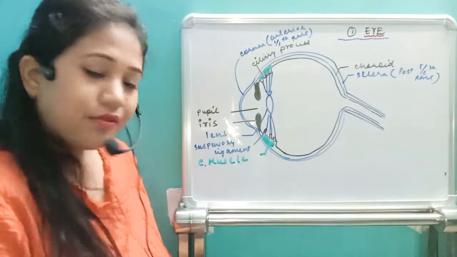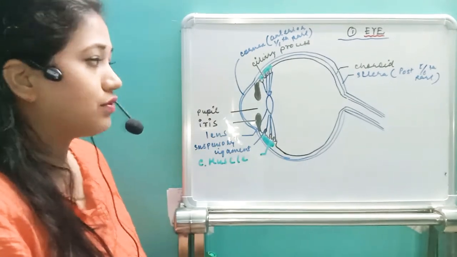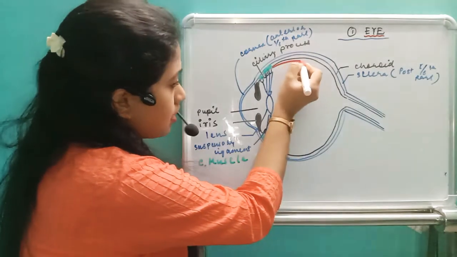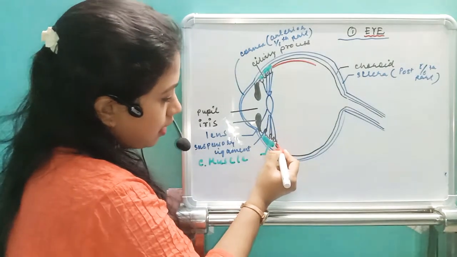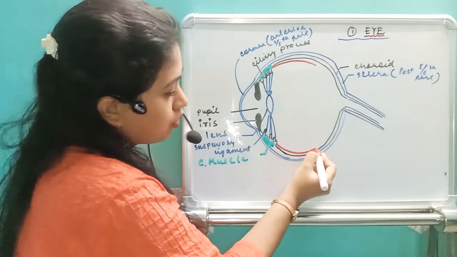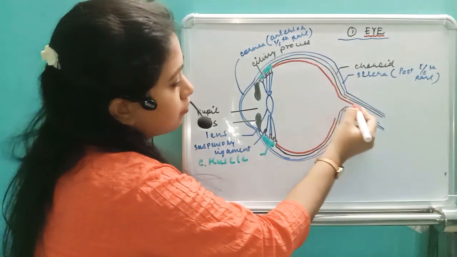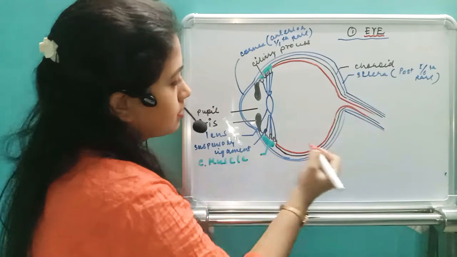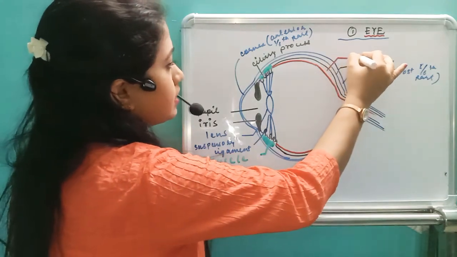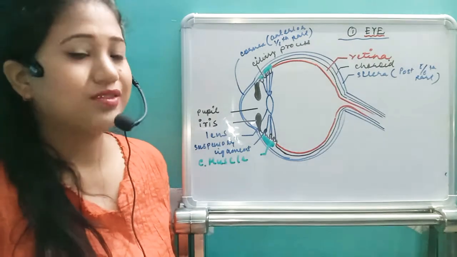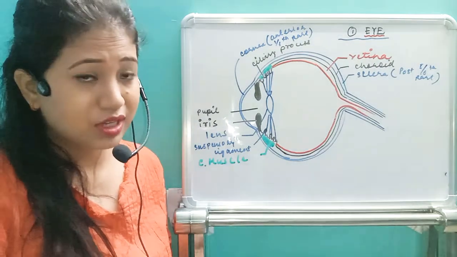Above this, the next very important layer, the innermost layer, is the sensory part of our eye. So what is this layer called? The third important layer we have is the retina. This is the innermost layer, and it is very much essential.